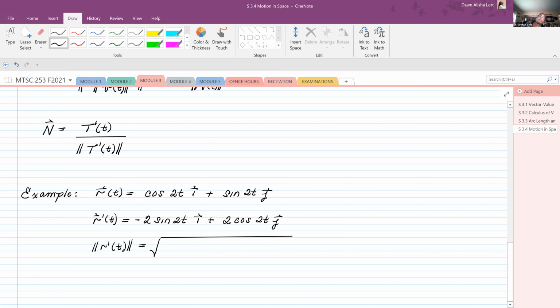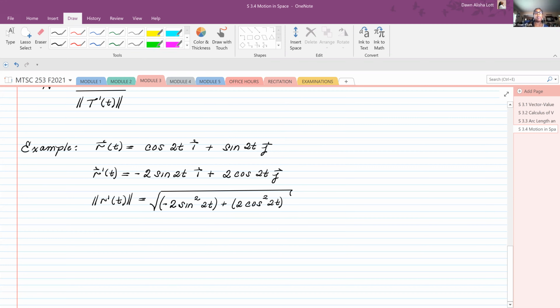Now what is the length of r prime of t? We're just taking the length, so it's each piece squared. That's negative 2 sine 2t squared plus 2 cosine squared 2t.